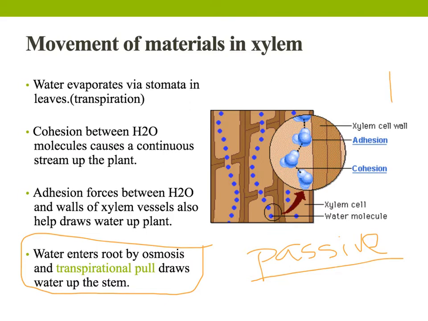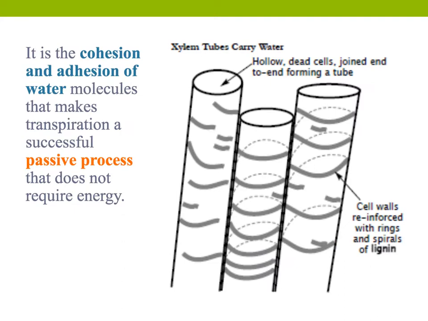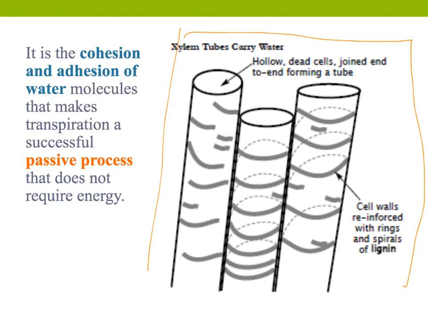It only flows upwards, and we know that about xylem already. In summary, it is the cohesion and adhesion of water molecules that makes transpiration a successful passive process. You can see the xylem tubes here are hollow dead cells joined end to end. They form a tube like a microscopic straw.